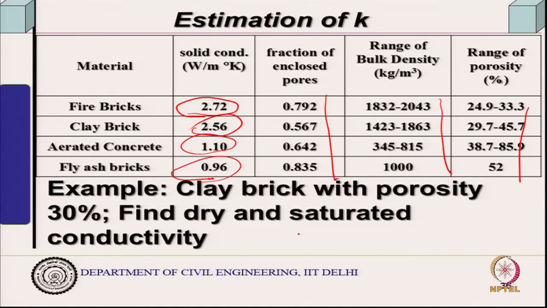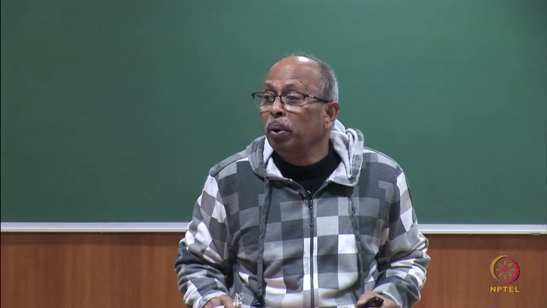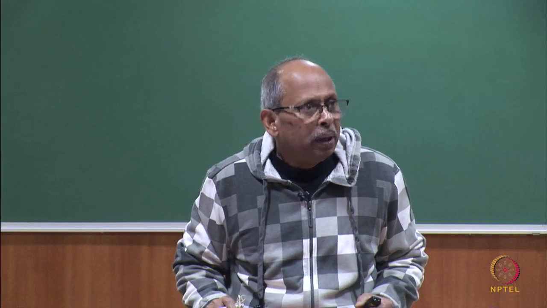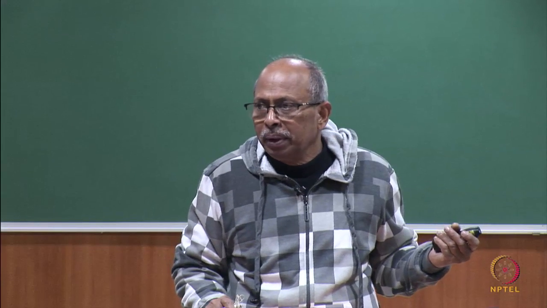So, you can use this model to find out, let us say, conductivity of clay bricks with porosity 30%. If you know the permeable porosity for different types of, for example, clay bricks, we know the solid conductivity is 2.56. Fire bricks are materially different, because they have a larger amount of alumina. They are taken from deep below the ground.